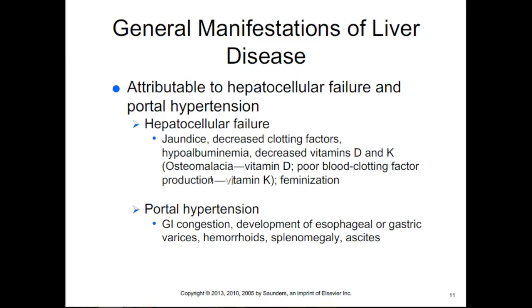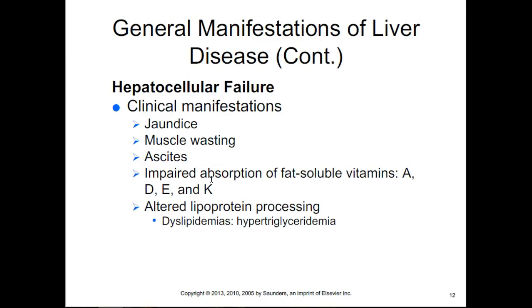You might see splenomegaly as a result of the portal hypertension. Right, and then ascites is also very common, and you've seen all of these in things like right-sided heart failure.